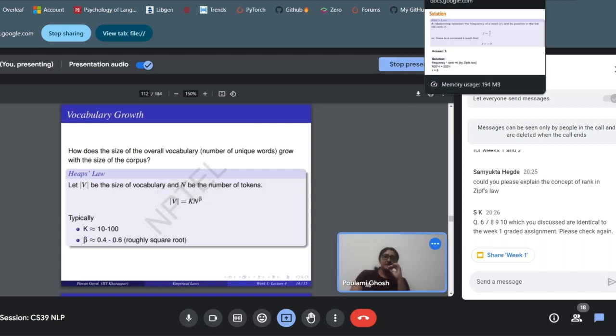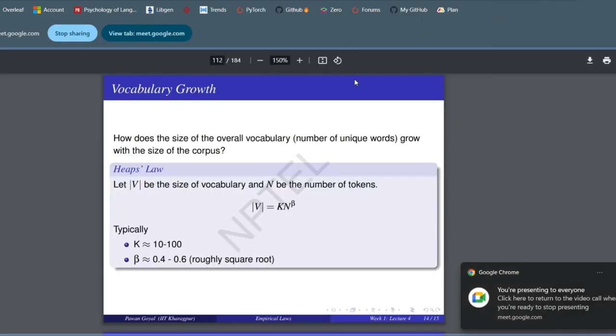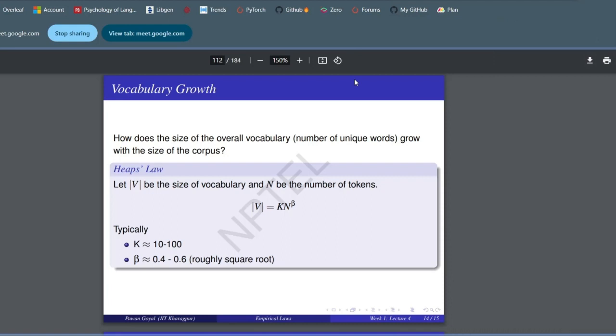So the value of k, you won't be able to know an exact value. Here the corpus is variable, right? You can take any corpus, and you cannot say beforehand what the number of tokens would be.